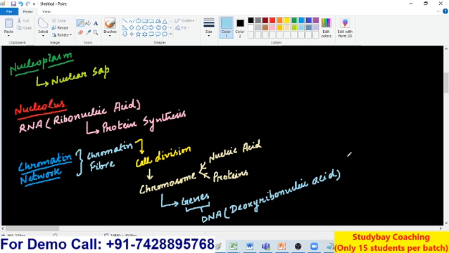A human cell has 46 chromosomes. And remember that these chromosomes exist in pairs, so technically it contains 23 pairs of chromosomes within the nucleus, right?